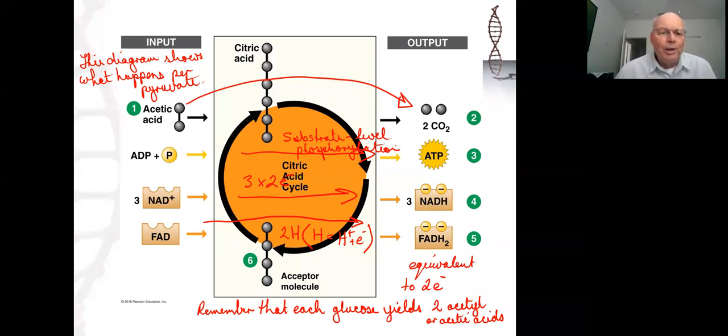At this point, yes, some of the energy is in the small number of ATPs that we got from glycolysis and the small number of ATPs that we get here, but the vast majority of the energy from the glucose molecule is now in the form of the electrons in the NADHs and the FADH2s. So in order to really access that energy and use that energy to make ATP for cellular work, we need to process the electrons. And of course, that means we have to talk about the electron transport process.